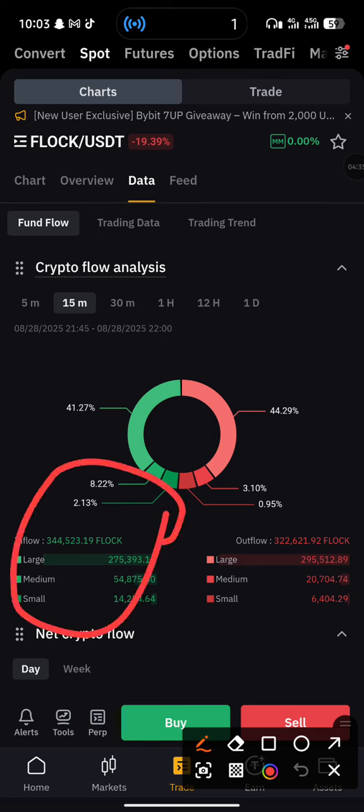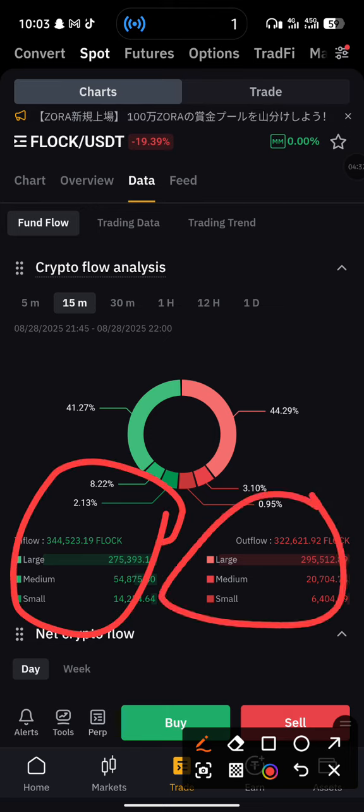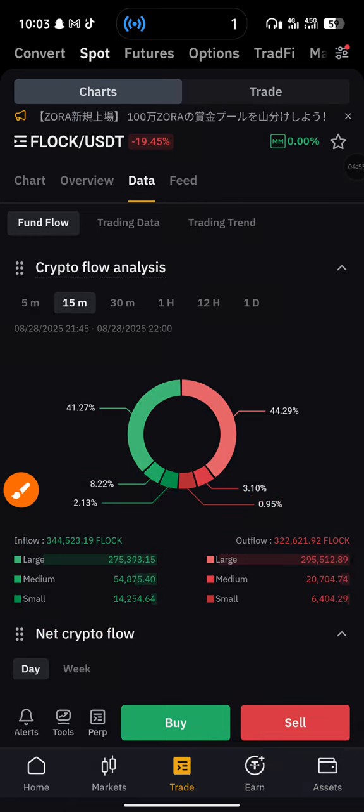You can see the inflow and also the outflow. The outflow is 322 while the inflow is 344. I think this is a nice coin for you to invest in without fear. So that is all.